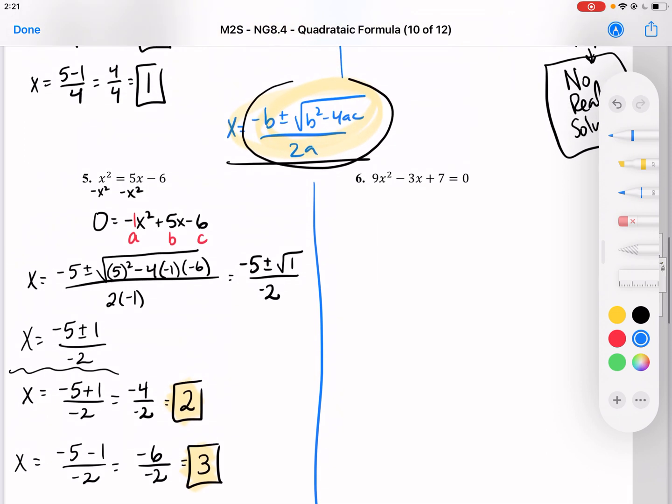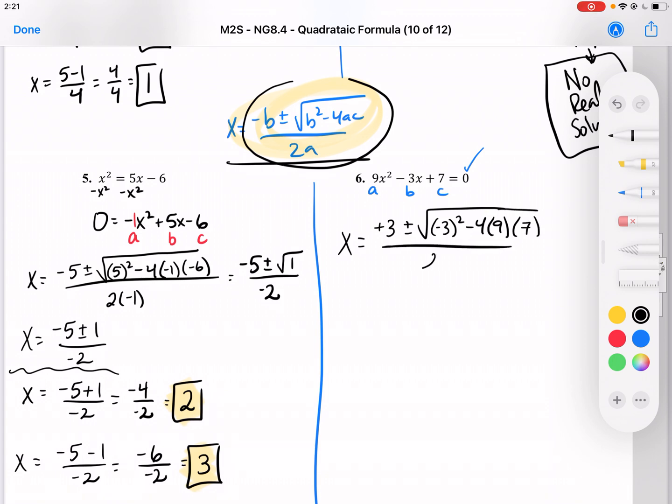All right, one last problem we'll do. It's already equal to 0. So we are set to go. We just have to state our A, our B, and our C. And we can plug it in. So x equals the opposite of b, so +3, plus or minus the square root of b squared minus 4 times our a times our c, all that over 2 times a.